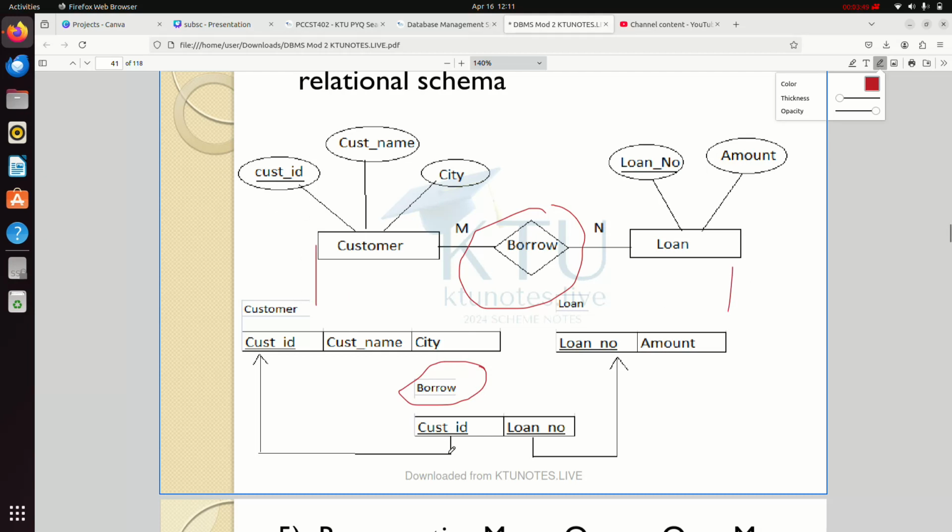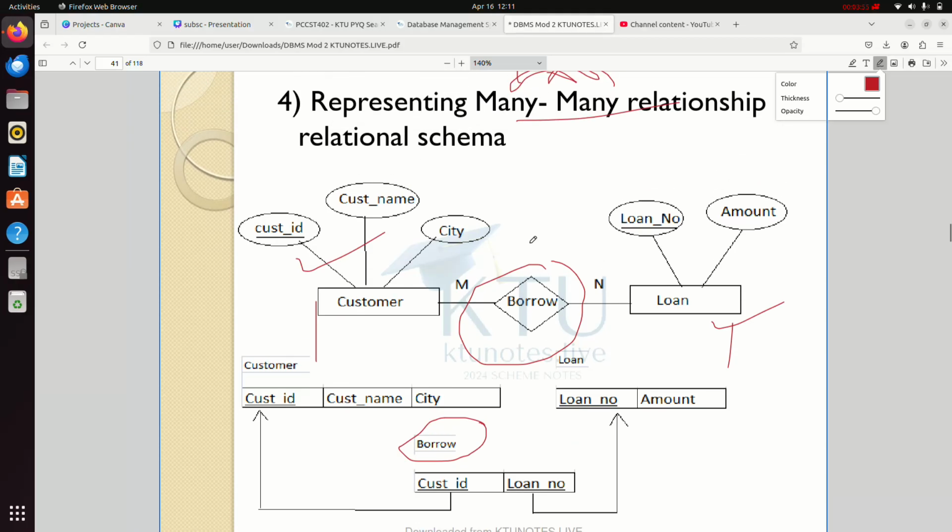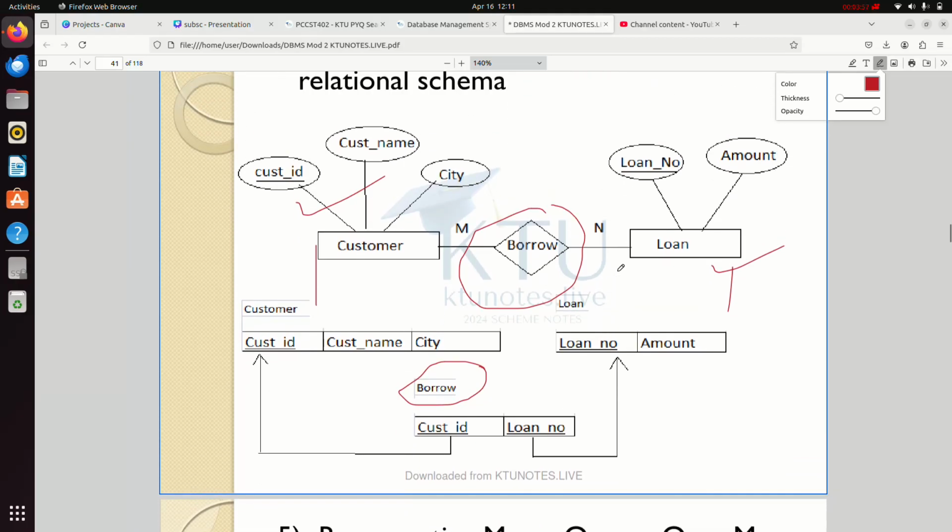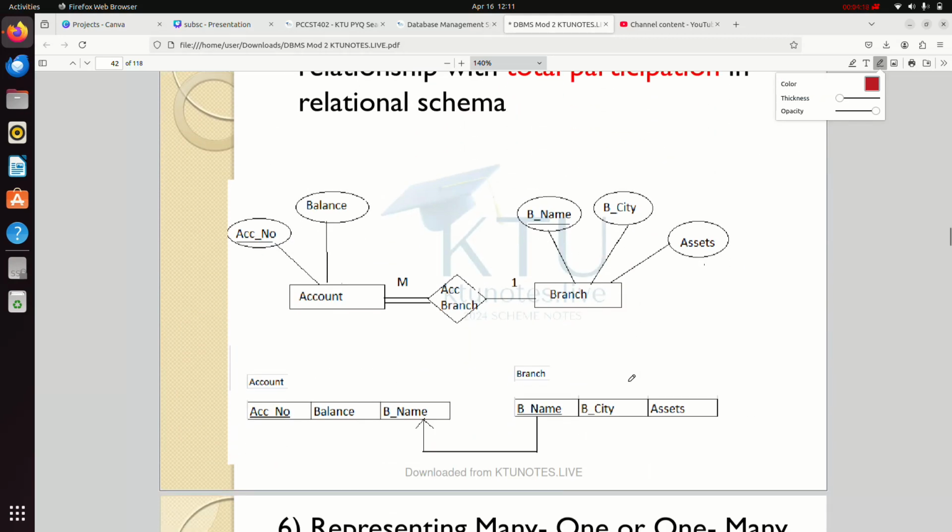Now what will you write in borrow? The primary key of the customer and the primary key of the loan, both you have to write. So whenever it is a many to many relationship, this is how you have to do it. This is one important thing that you have to understand here.